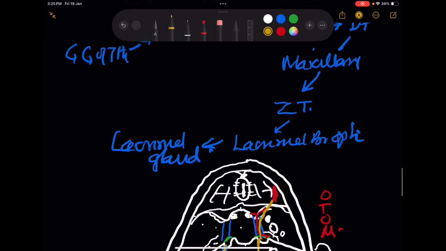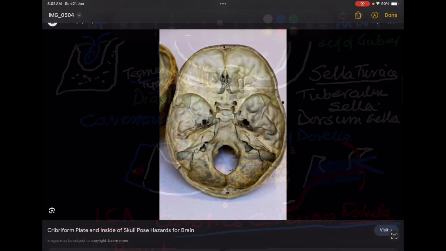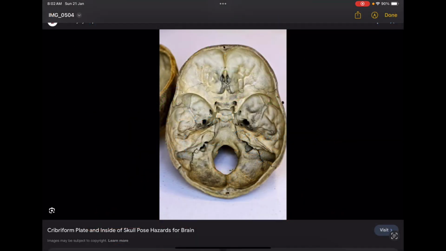So this finishes the basis cranii interna. Let us start recording the internal base of the skull, the skull from inside, on this real photograph of the skull.